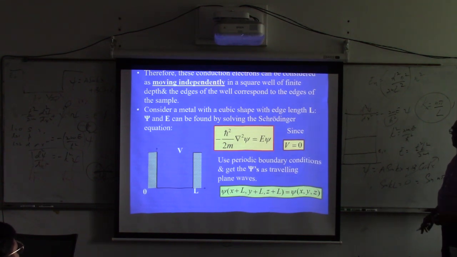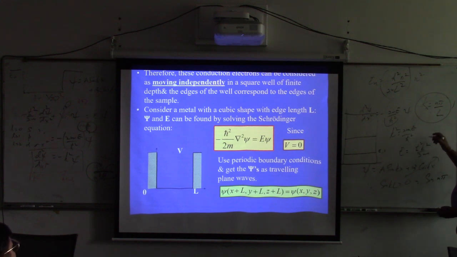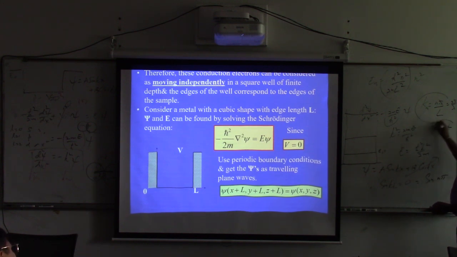Then we can also calculate lambda. If you know k from here, k is usually given by 2 pi over lambda. So that means if you take pi and pi, you can write lambda as 2L over n.